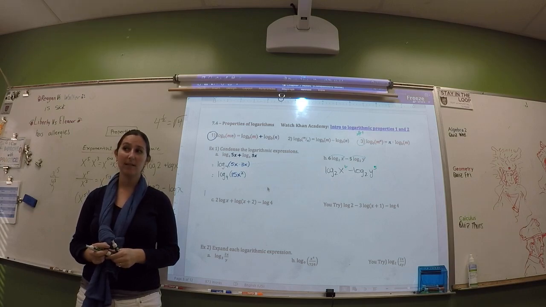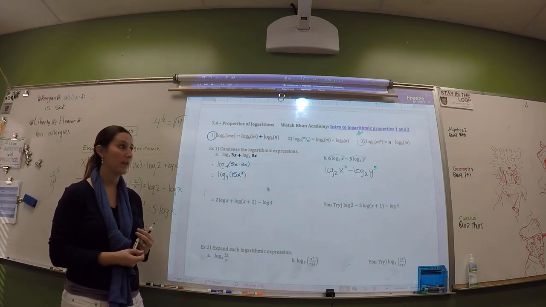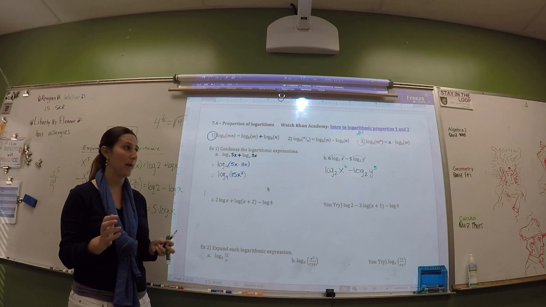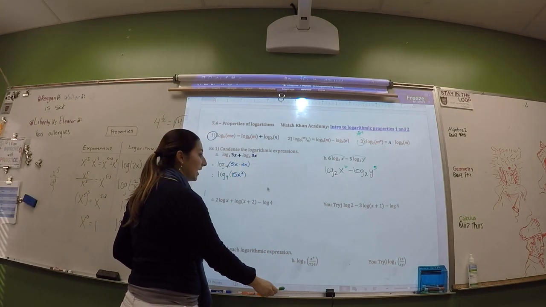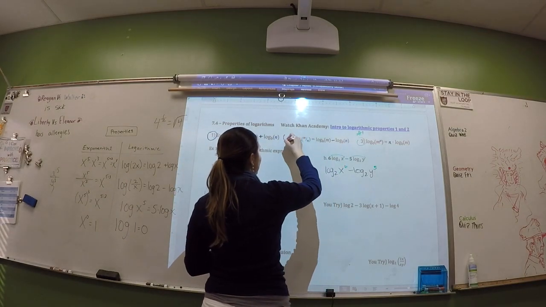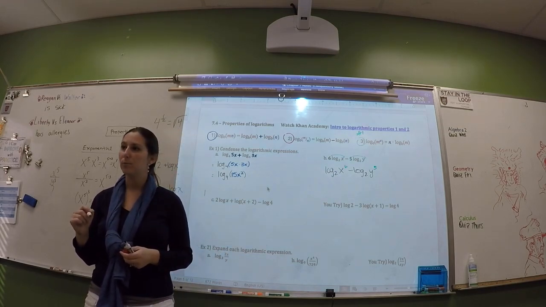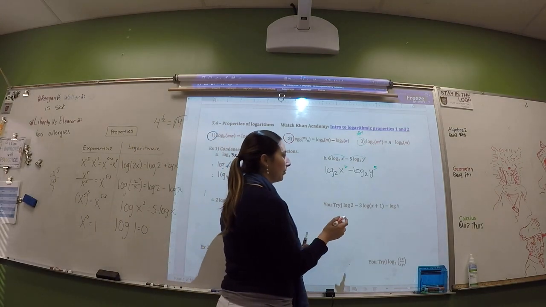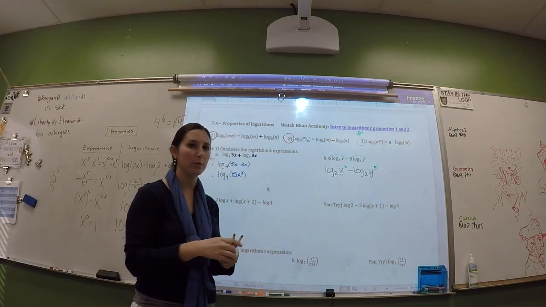Does that make sense? Yay, nay, maybe? All right, now the next thing after you take care of the power property, you're going to check for one of these. Do we have a plus sign or a minus sign? We have a minus sign. So if we have a minus sign, we're going to use the quotient property, aka property 2. To use the quotient property properly, you're going to take these and express them as a quotient.